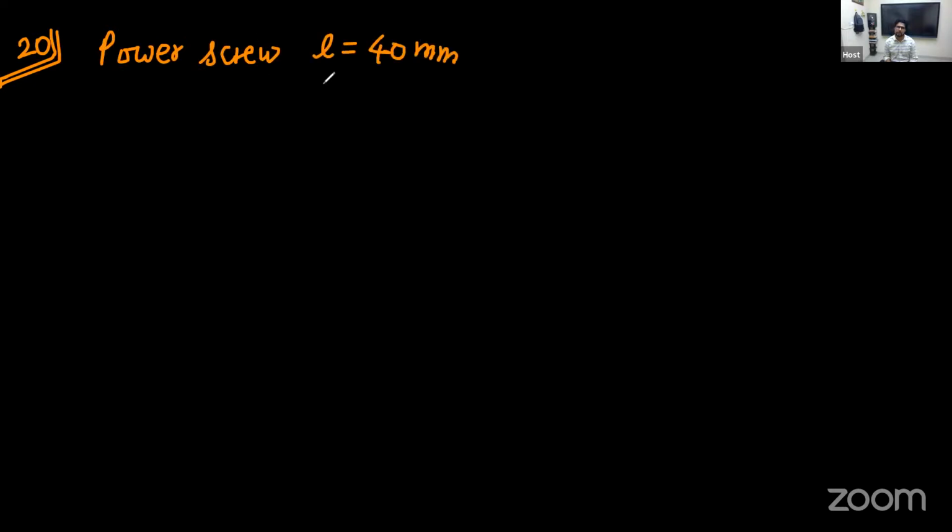As the 20th problem of the chapter. Let's say there is a power screw, and that power screw has a lead of 40 mm, a mean radius of 20 mm, and a mu-s value of 0.4.